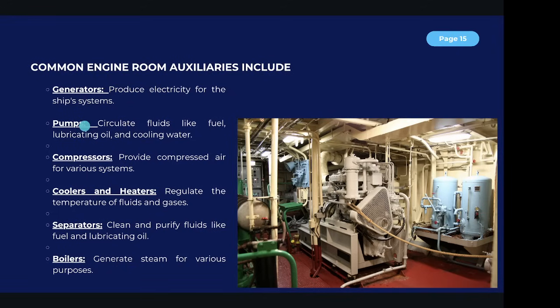We also have here the pumps. Pumps are used to circulate fluids like fuel, lubricating oil, and cooling water. We also have the compressors. This one provides compressed air for various systems.